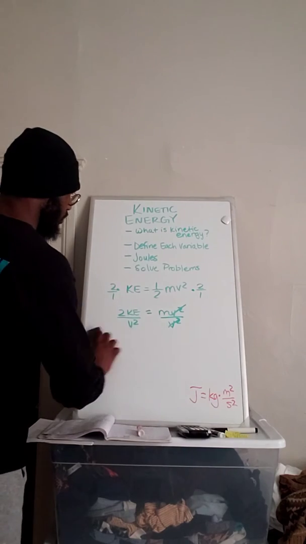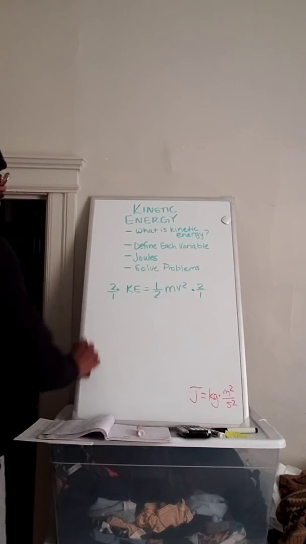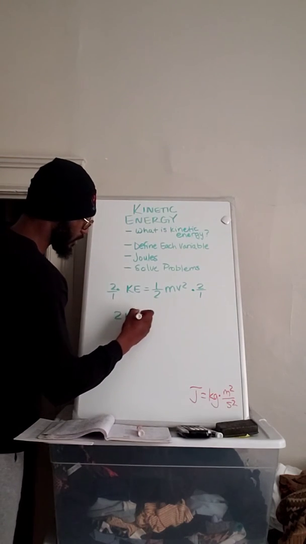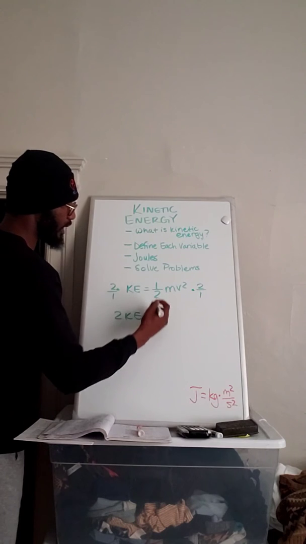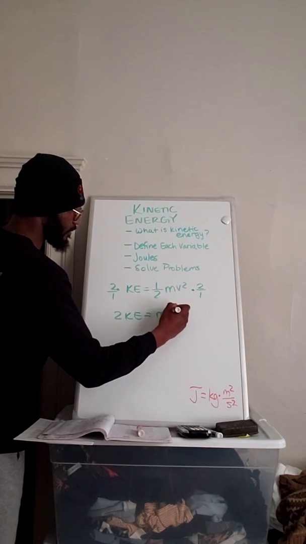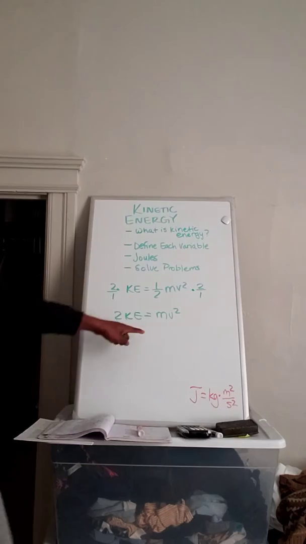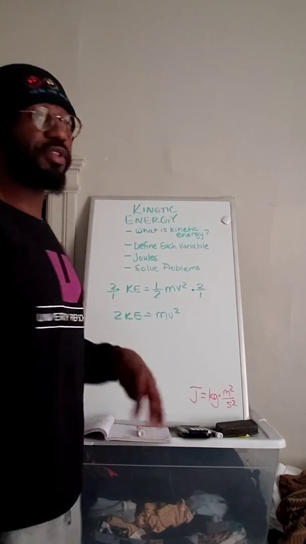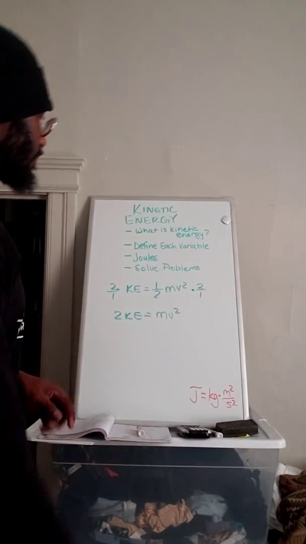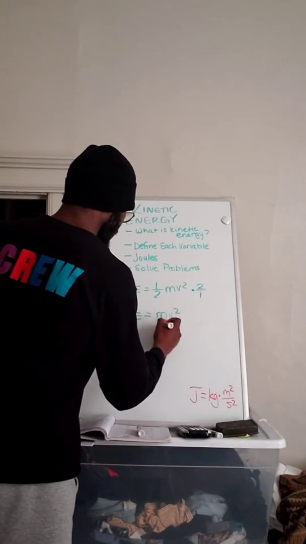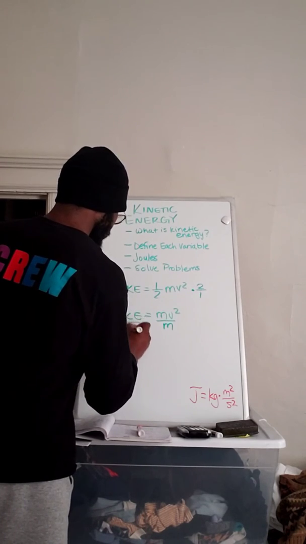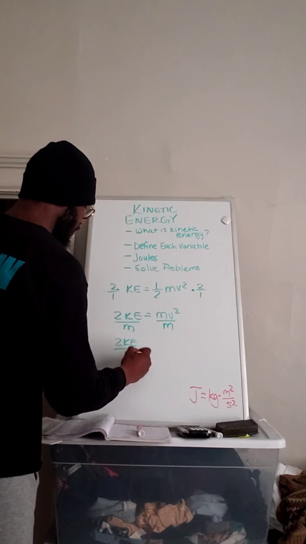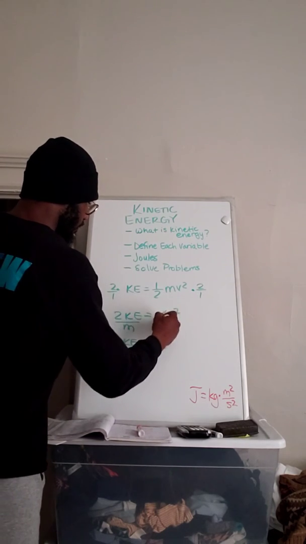Now let's go ahead and solve for velocity. Okay? So we can actually keep this first part just like we had before, because we still need to get that 1/2 off of this side. All right. But now instead of dividing by V squared, we want V squared. So we need to get everything else away from V squared. Okay. So we're going to divide by M on both sides. That's going to give us 2KE over M equals V squared.